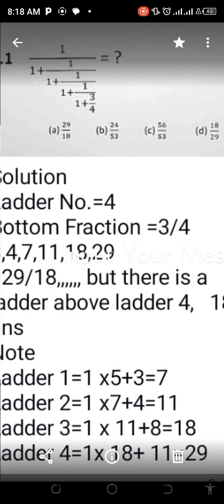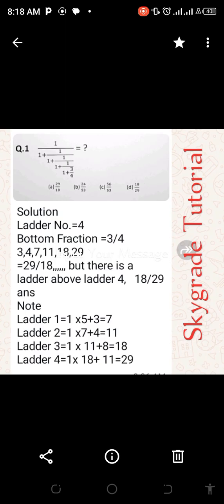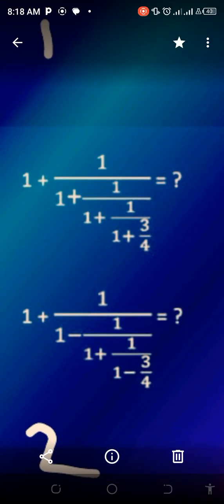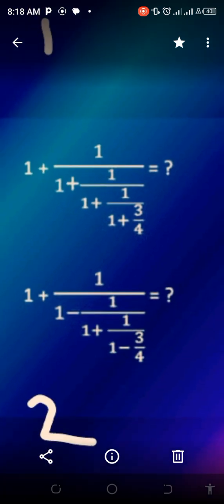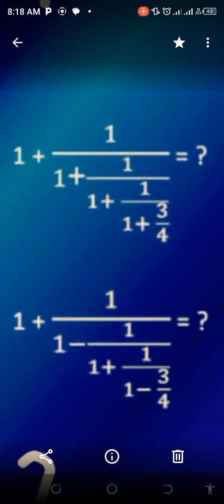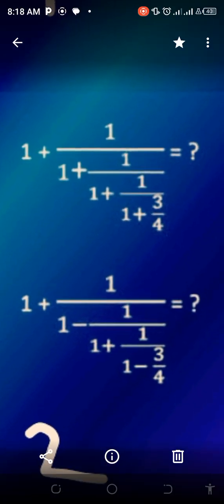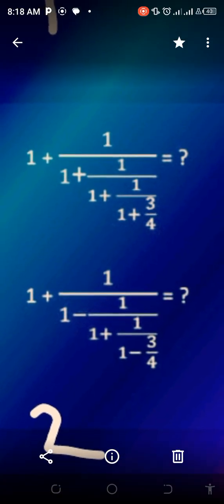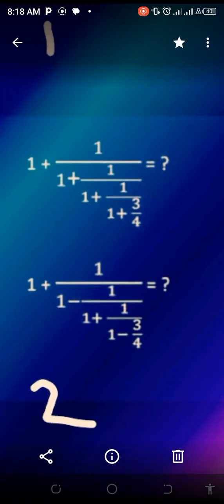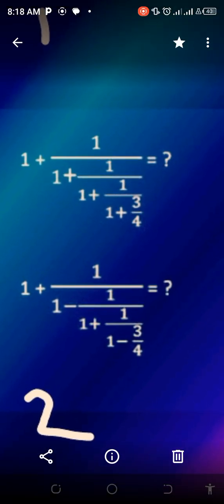Let me go back to where we are just coming from. You discover that in that question, there is no ladder above the 4th ladder. After the 4th ladder, there is no other ladder on top. So this is a different question from the one we are going to tackle, and I will tell you the difference and how to go about arriving at the correct answer.